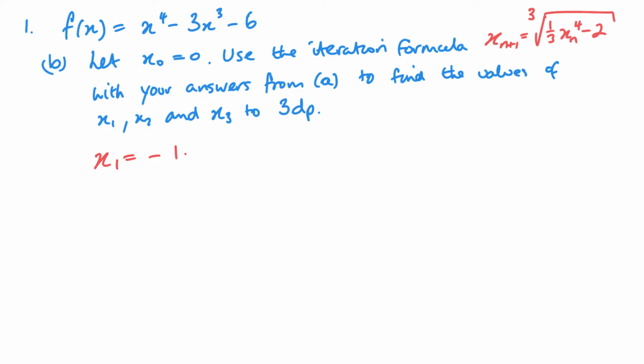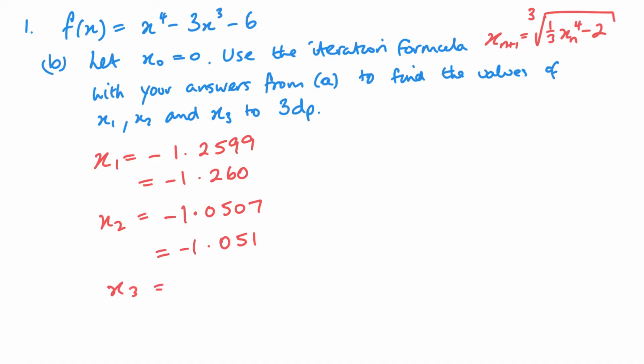You want these to 3 decimal places. So we got 2.599, so minus 1.260. x2 then, if I press equals, I get minus 1.0507, which to 3 decimal places is 0.51.